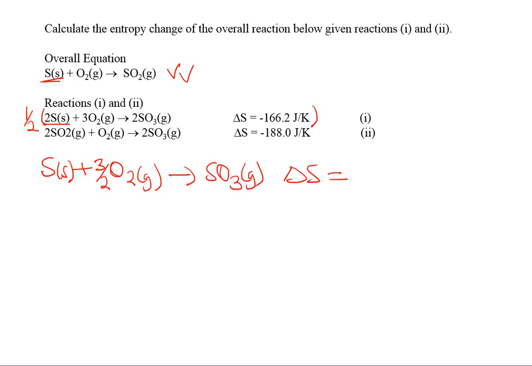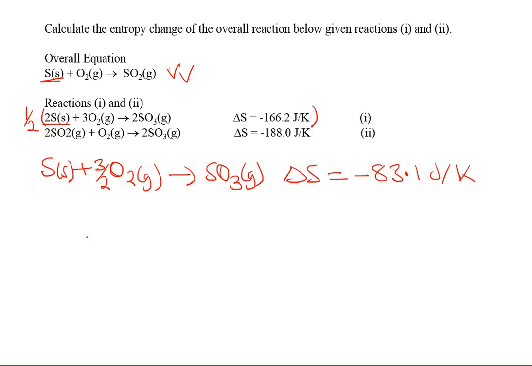So minus 166.2 divided by 2, which is minus 83.1 joule per Kelvin. Now I'm done with reaction 1. Let me go to reaction 2.